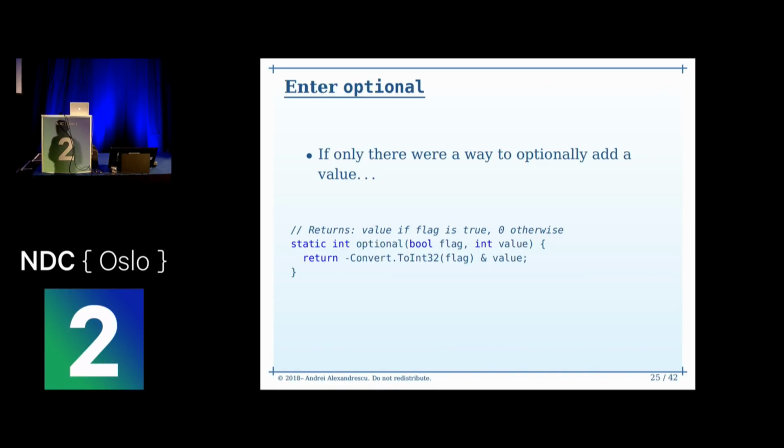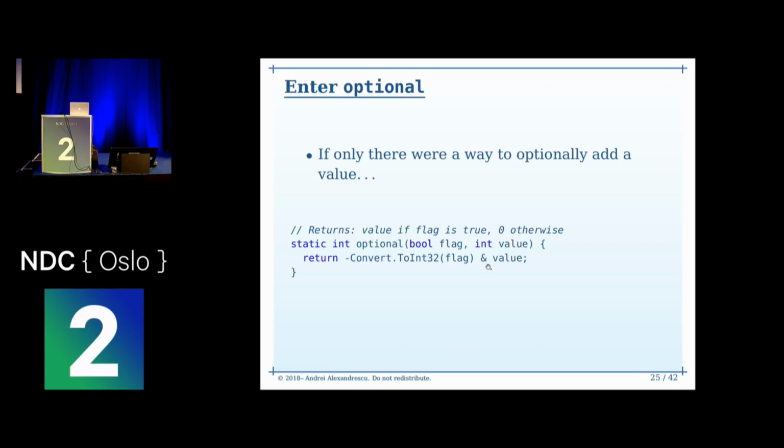This function quite literally took me a lifetime to write, because it's an integral of a number of mini insights that I had over years, and it's like actually I could do this simple arithmetic that's going to work. And here's how it works: if flag is 0, minus 0 is 0, and 0 and anything is 0.